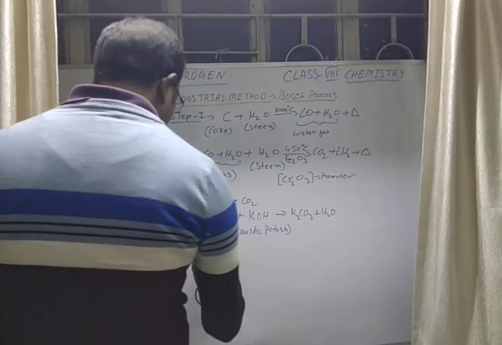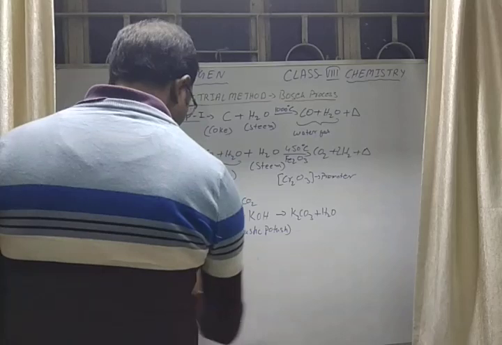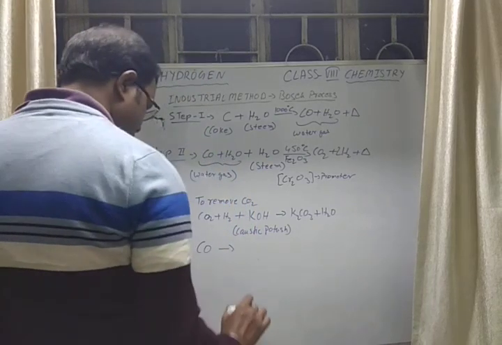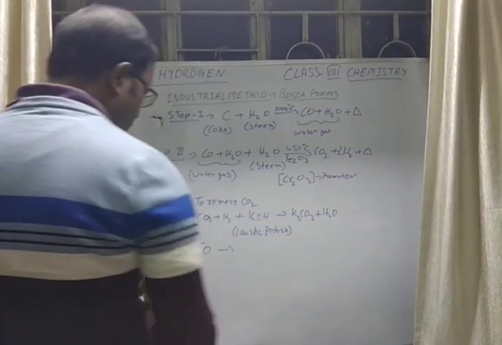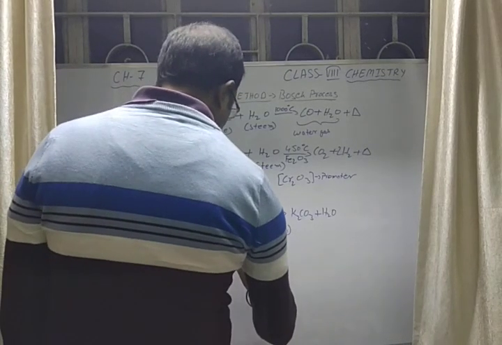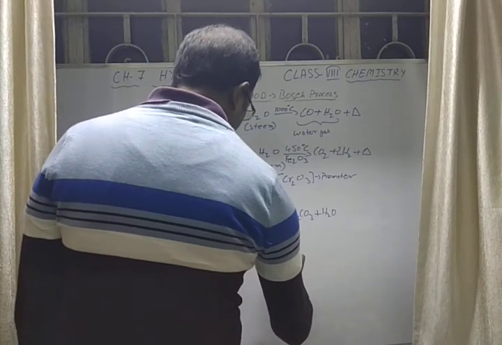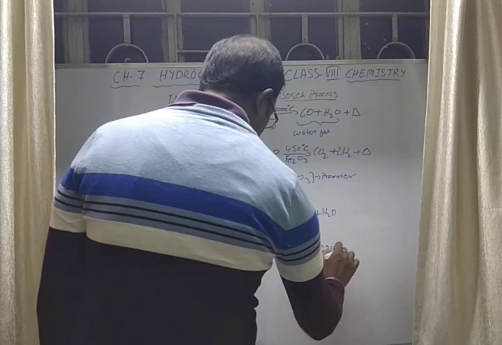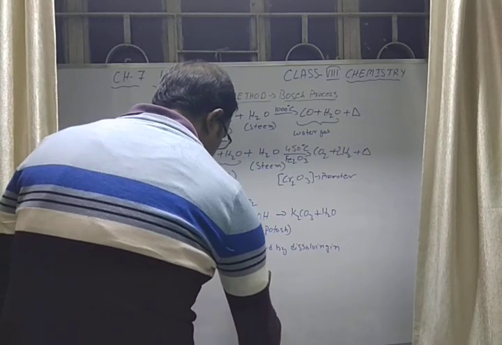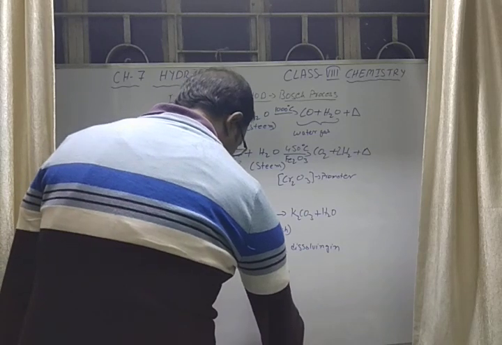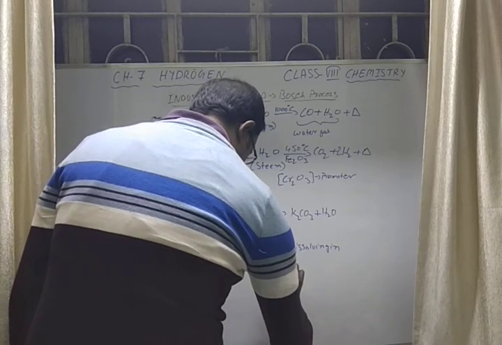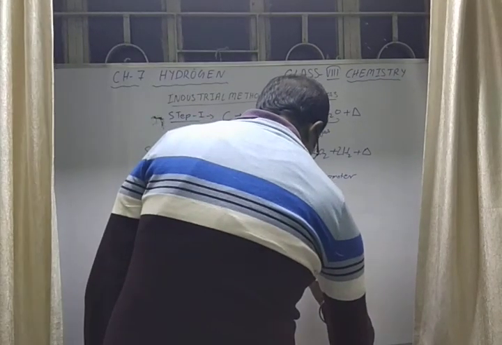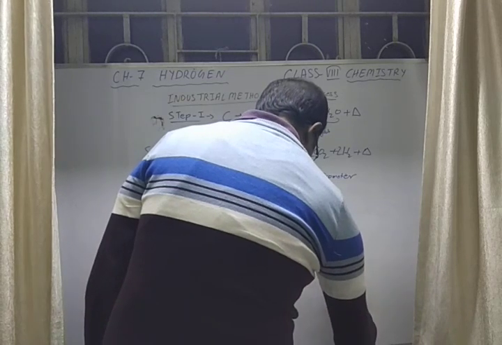So the carbon monoxide present with the hydrogen gas is removed by dissolving in CuCl, that is called ammoniacal cuprous chloride.